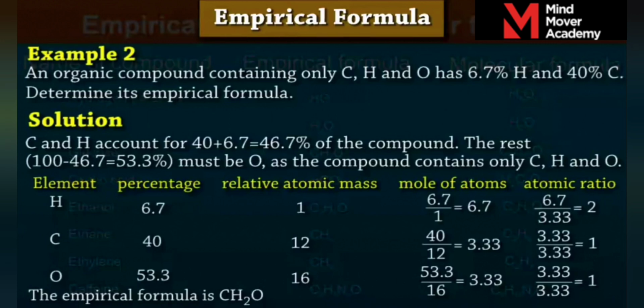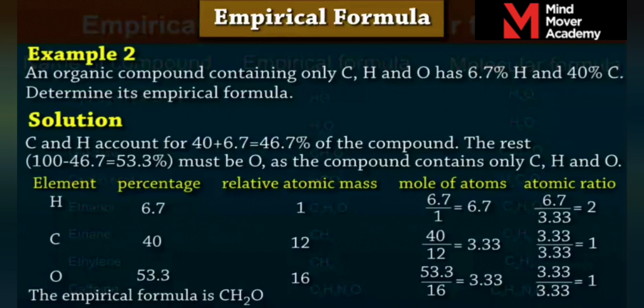Once again, let's make a table with columns: element, percentage, relative atomic mass, moles of atom, atomic ratio. So the elements we have are hydrogen, carbon and oxygen. Their respective percentages are 6.7 for hydrogen, 40 for carbon, 53.3 for oxygen.